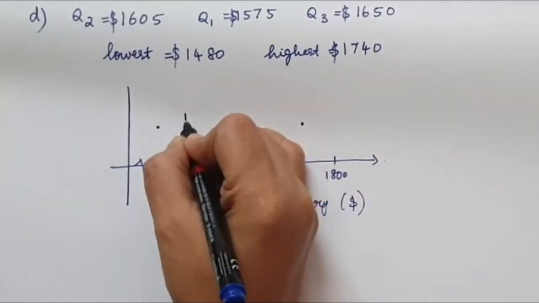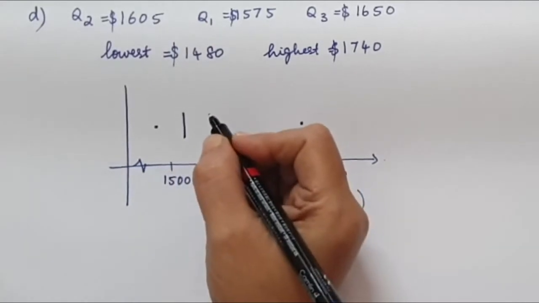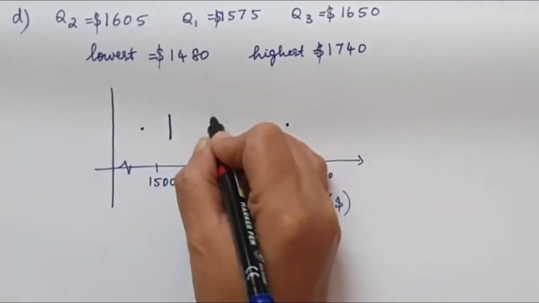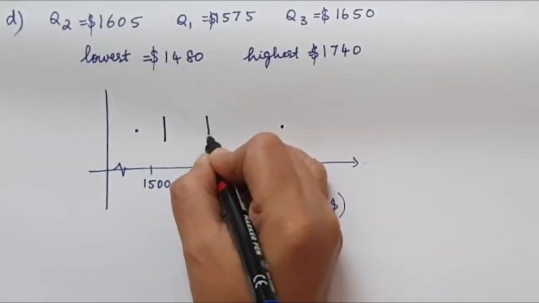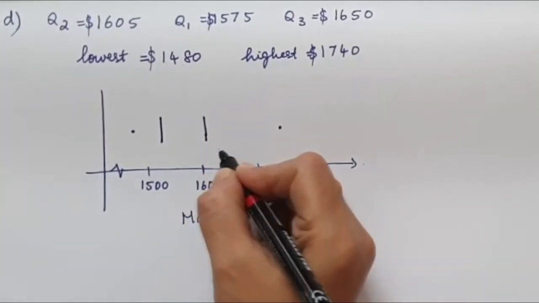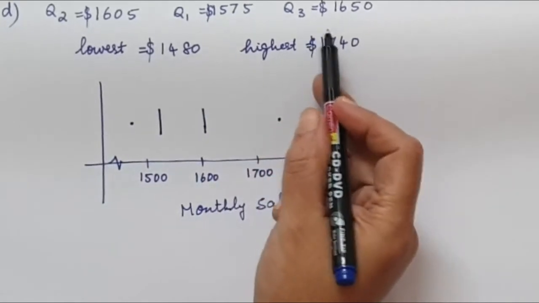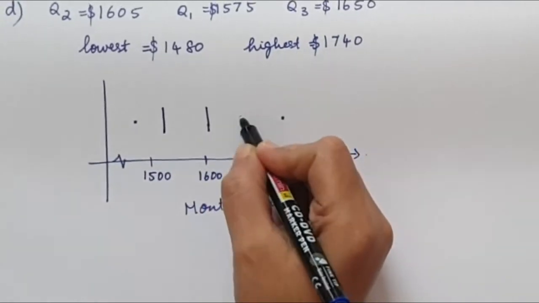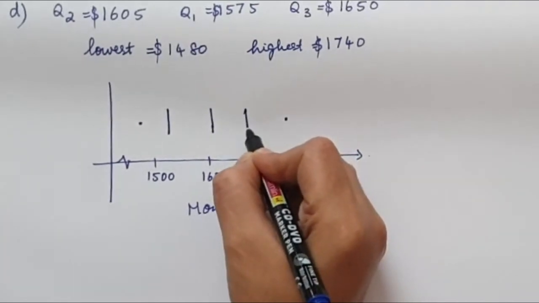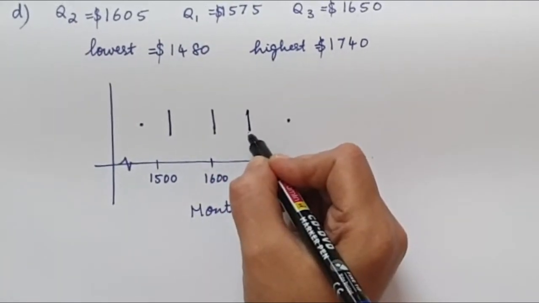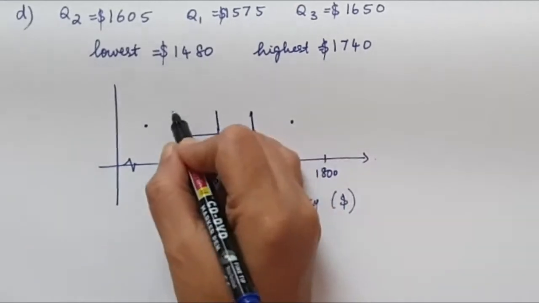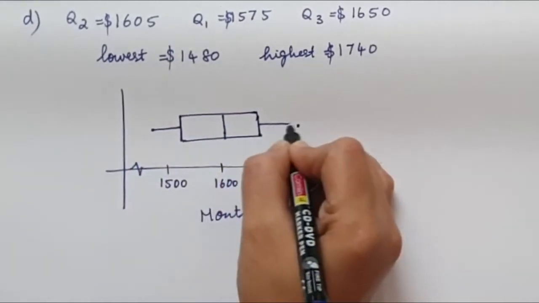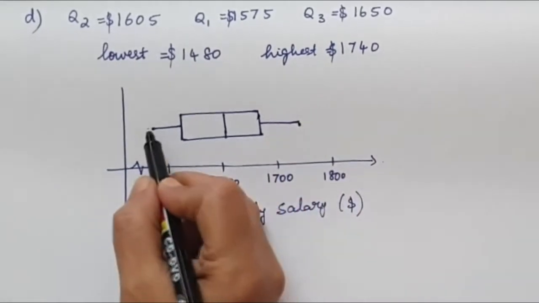So we'll just draw a line for 1575. Then our median is 1605 here. See, we have to draw accurately on graph paper all this information. Then Q3 is 1650. 1650 will be here. So we join all this with the plot.